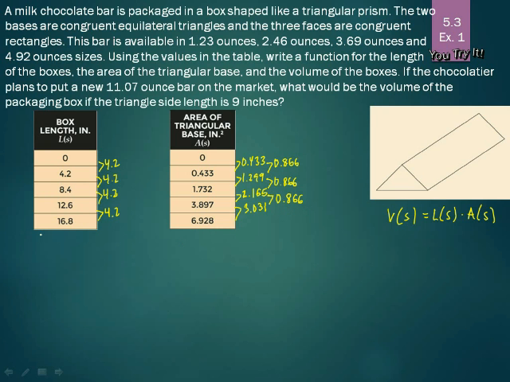So let's first find L of S. L of S will equal M, and then instead of X, we'll put S, plus B. To find M, it's just the rate of change, delta Y over delta X, in our case, delta L of S, or 4.2, divided by delta S. And remember that we saw in the table that that was 1.